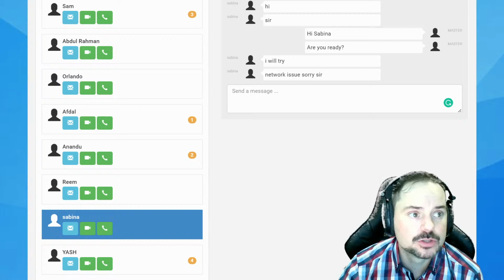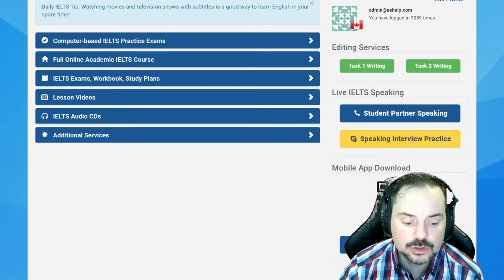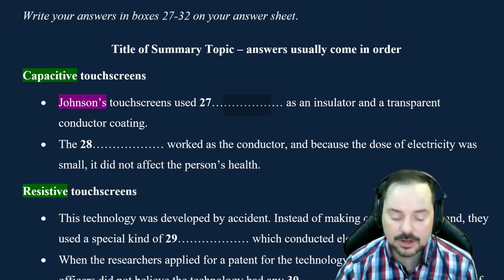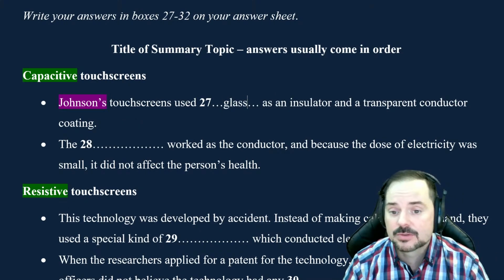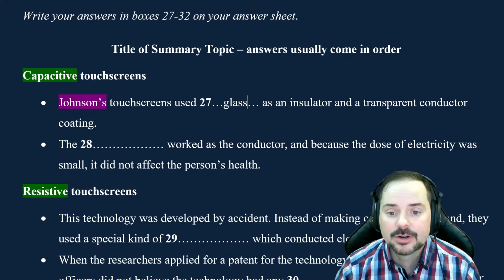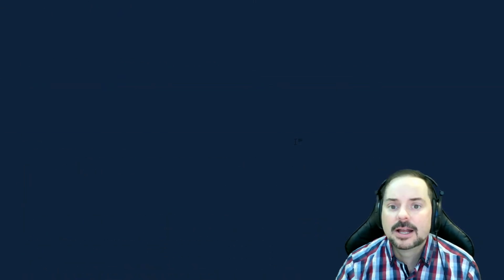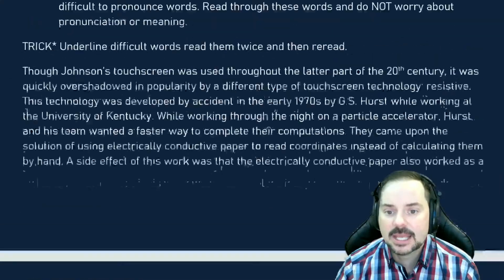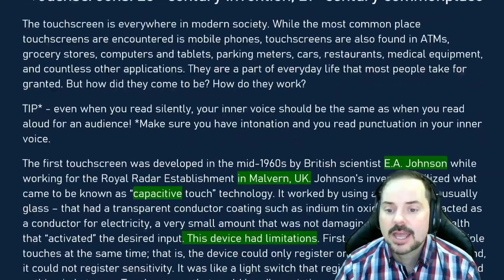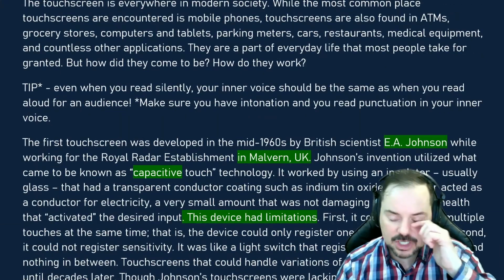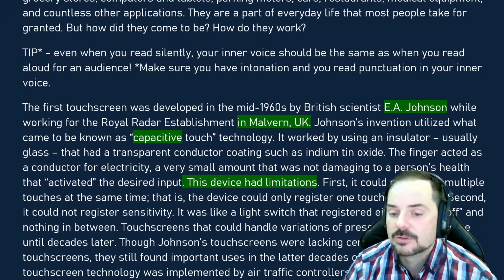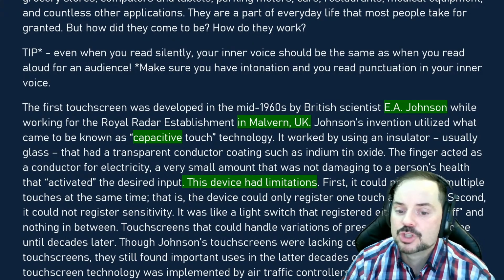Yeah, absolutely, students. So you have to, don't overthink it. It's not necessarily going to be a very tricky answer here. And a lot of people are saying glass, and glass it is, right? Glass is an insulator. Glass does not conduct electricity. Now, if I had to search for this, it would be at the beginning of the passage, and it's not in the introduction because it's body paragraph 2 that talks about Johnson, and Johnson's invention.